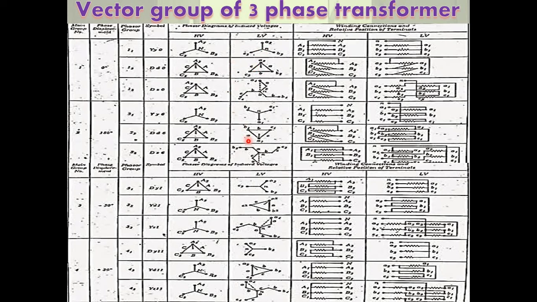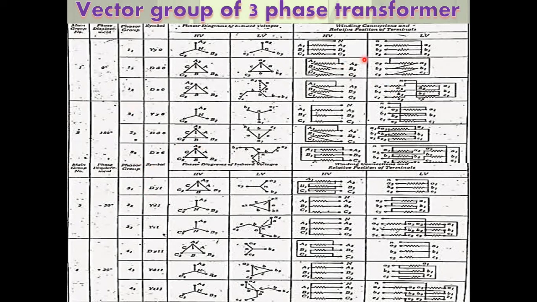Each winding has two subscripts, like 1, 2. As an example, A1, A2 for HV winding, and small a1, a2 for LV windings.